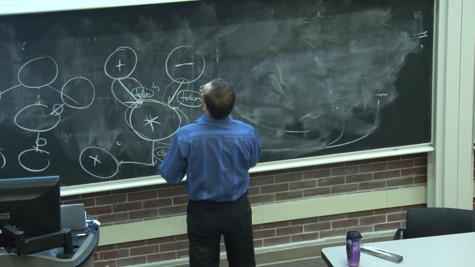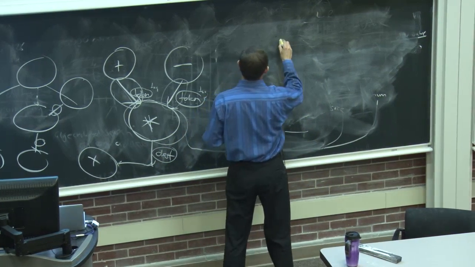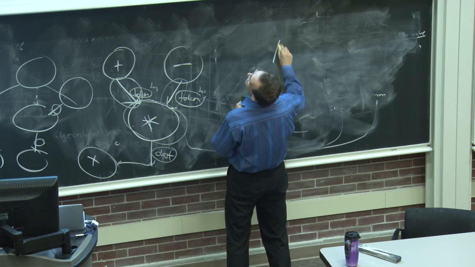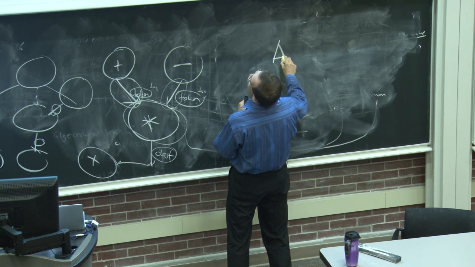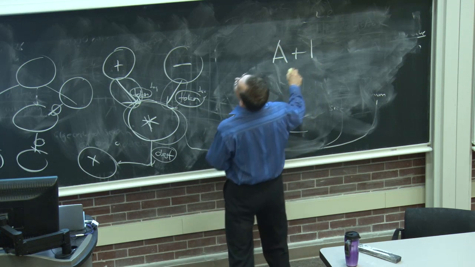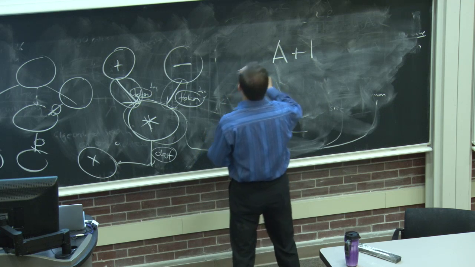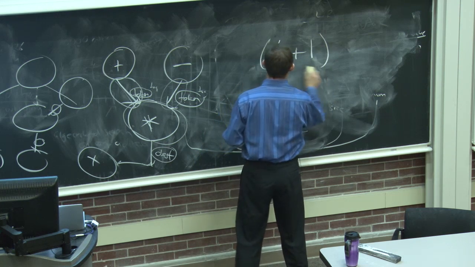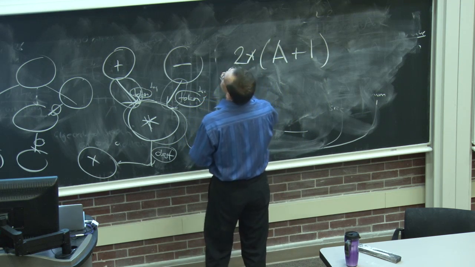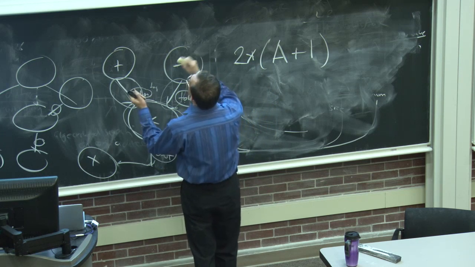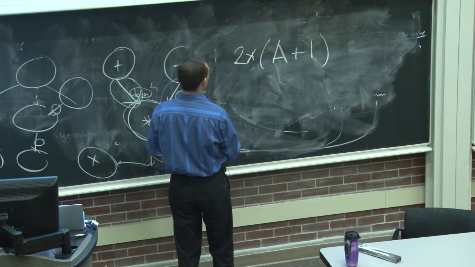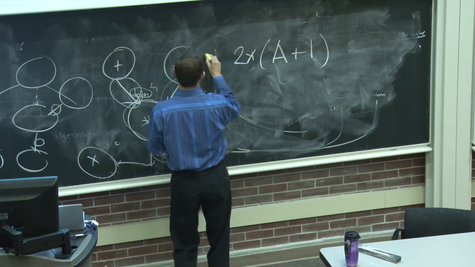What that program does is it takes array A, and for each element in array A, you add 1 to it, and then you multiply this by 2, and you store this value into array A again. Basically, that's what you're doing.